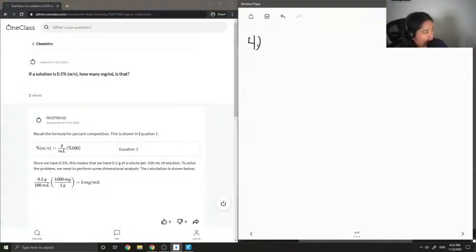So first, I'm just going to talk about percent composition, just so that we have a background on it. But basically, this is when you have the weight per volume. And typically, it is in grams per milliliters times 100%.